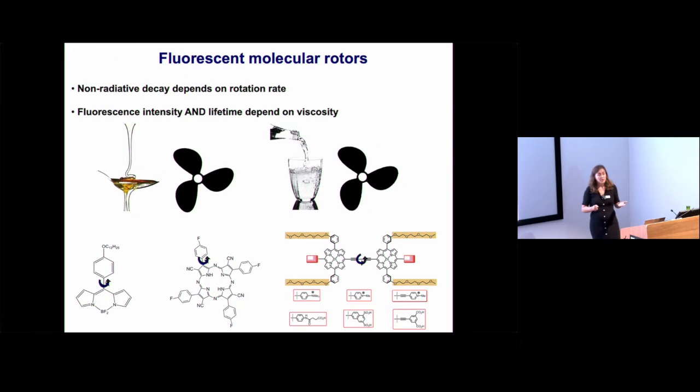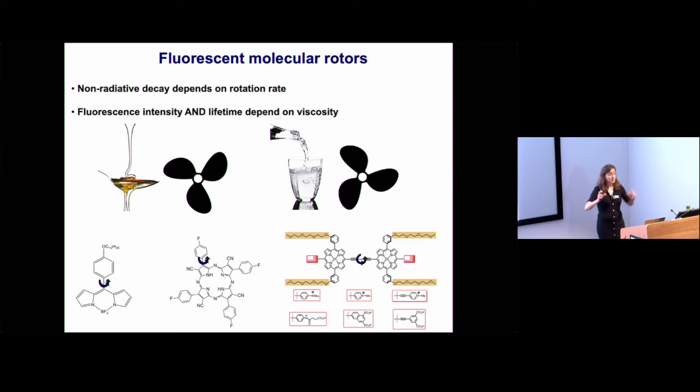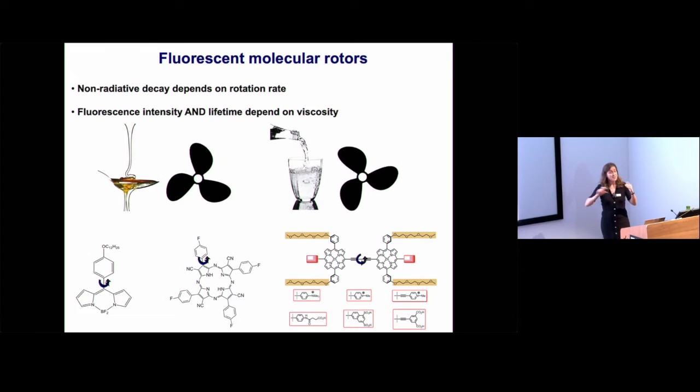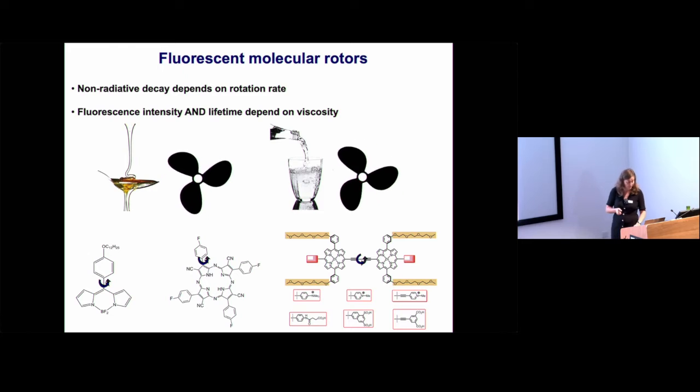Okay, so what are molecular rotors? They're small synthetic fluorophores in which there's a large geometrical conformational change that actually leads to a large change in their electronic structure. So they go from the bright emissive state to a dark non-emissive state via the rotation. And of course, the speed of their conformational change or the rotation is strongly affected by the viscosity of their surrounding medium.